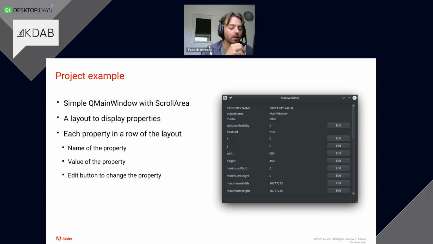Okay. So to achieve this view, what we could do is have a main vertical layout filled with, let's say, a widget with a horizontal layout in it containing first the property name, then the property value, and potentially an edit button if it's needed. Okay, that's going to be the main approach. So let's do that.